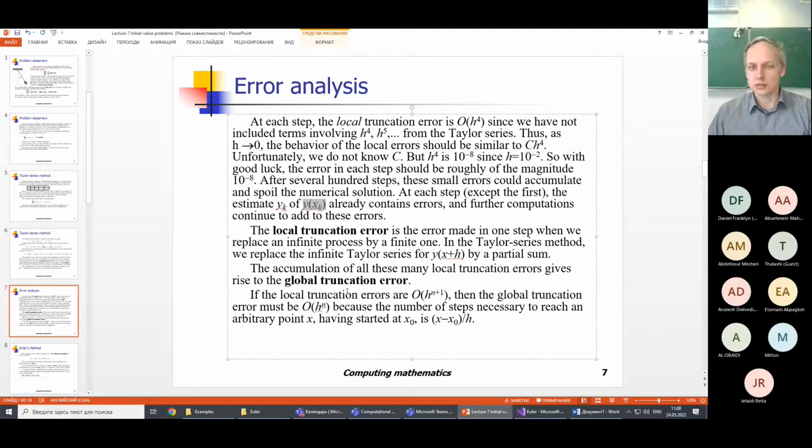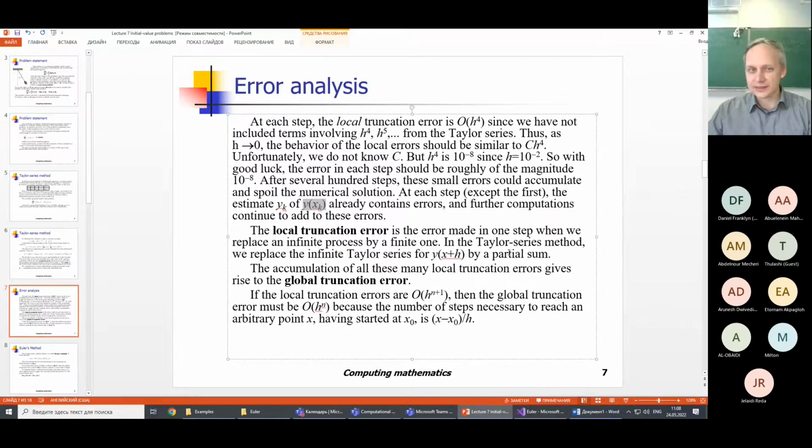Let's consider two important definitions. The local truncation error is the error made in one step when we replace the infinite process by a finite one.